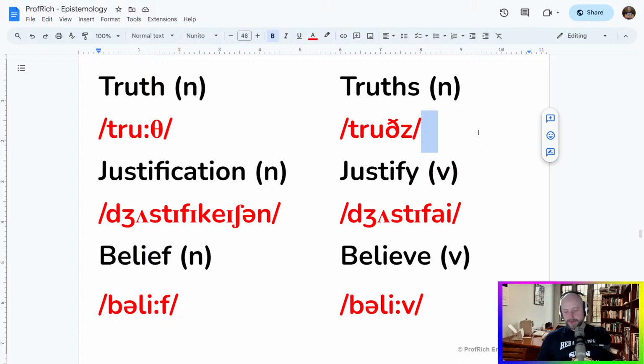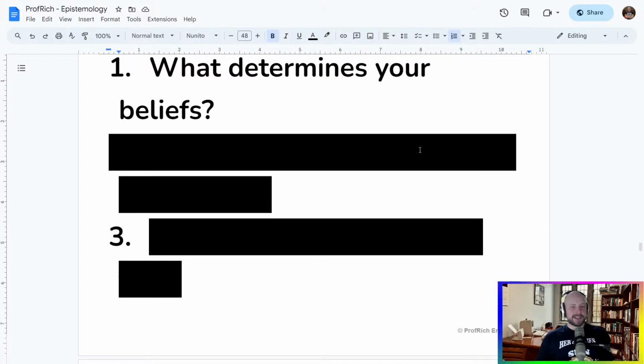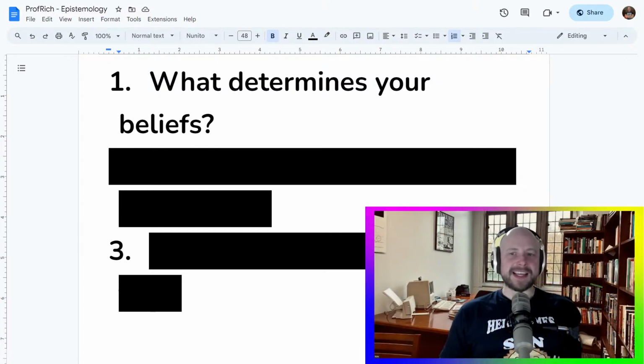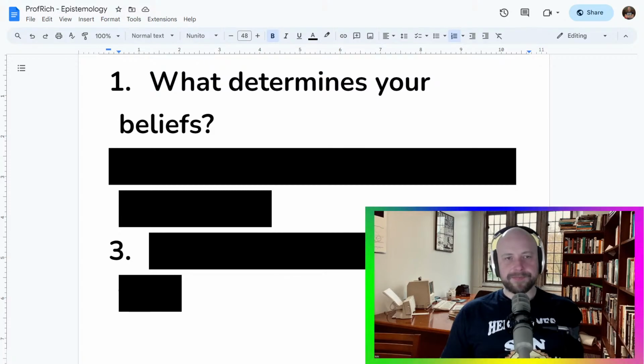All right, so some questions for you folks. What determines your beliefs? How do you make a belief? What do you believe and what informs your belief? So this really is the question that Sleepwalker was answering before when they talked about not trusting perception but trusting logic.